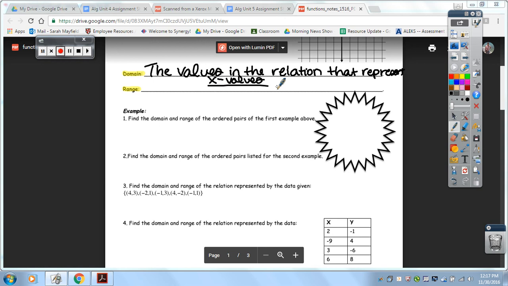Domain are your x values in a relation. Range, they are the y values in a relation. So domain is x and range is y.